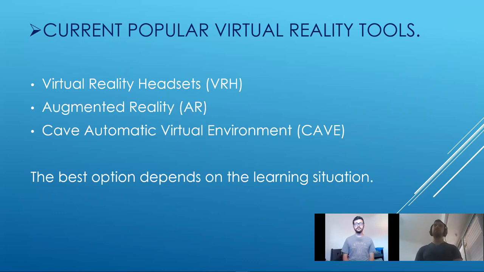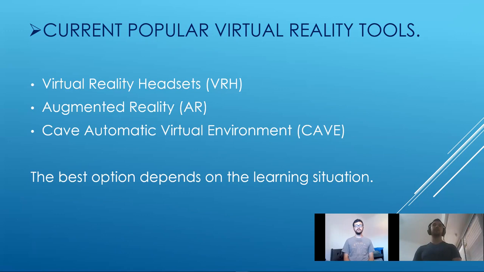Their advantage comes from their noise cancellation, which brings a huge immersion. But it also has a disadvantage, and it is that it can only be used by one person at a time. The average price nowadays for a virtual reality headset is around $70.